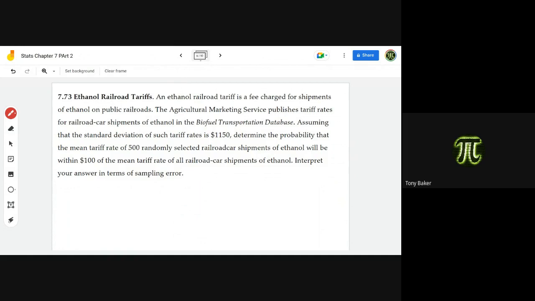A lot of times it's when imports and stuff like that are coming from overseas. If you ever order something from overseas, if it's under $800, they don't charge you a customs fee, which is basically a tariff. If it's over $800, they do. So, no buying your Louis Vuitton purses from France. Otherwise, you have to pay your tariff.